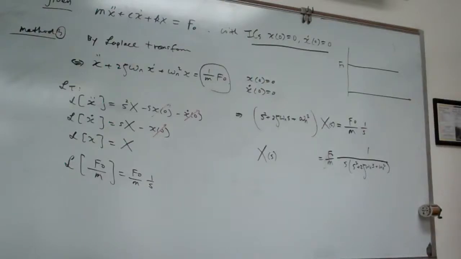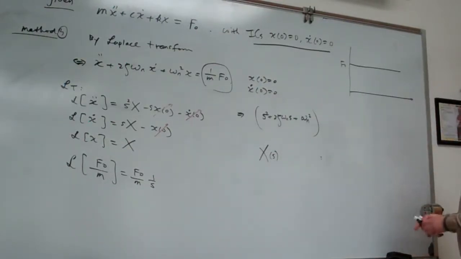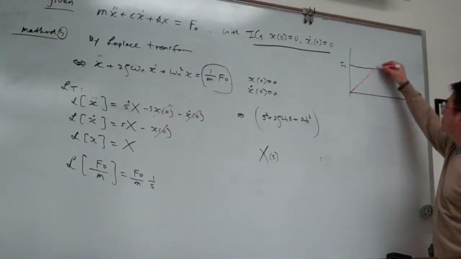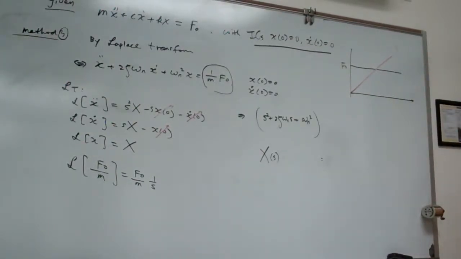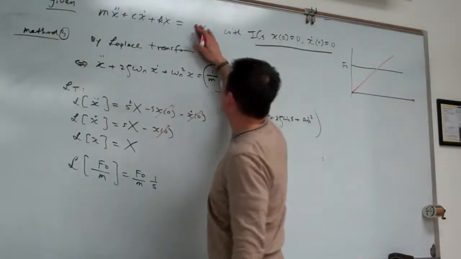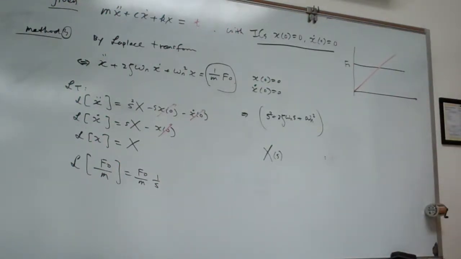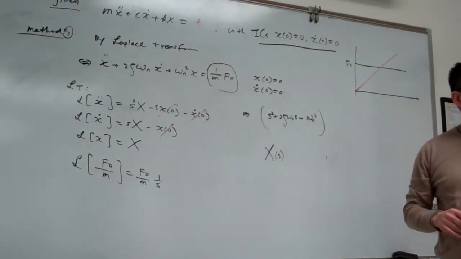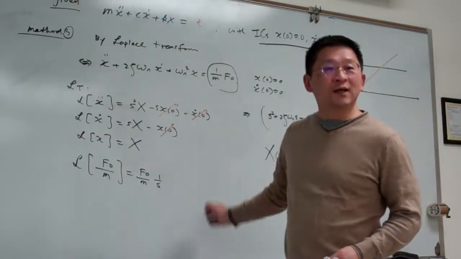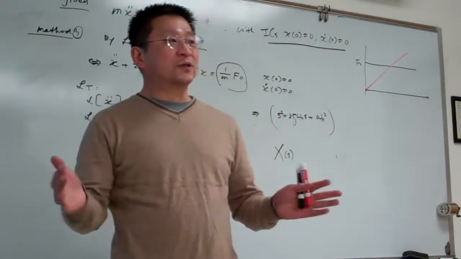Are you able to give yourself a try if we have a different force, like, say, this? For this one, it simply is this, that becomes t here. Right. So are you able to try the different approaches, like the convolution integral, Laplace transform, or using the approach from chapter 2 or 3 combined together?